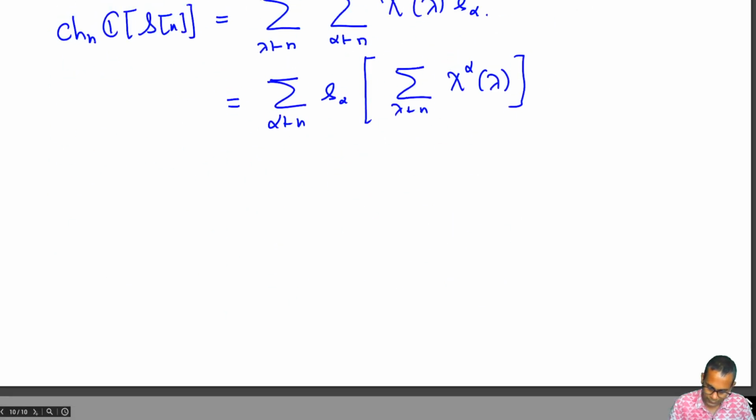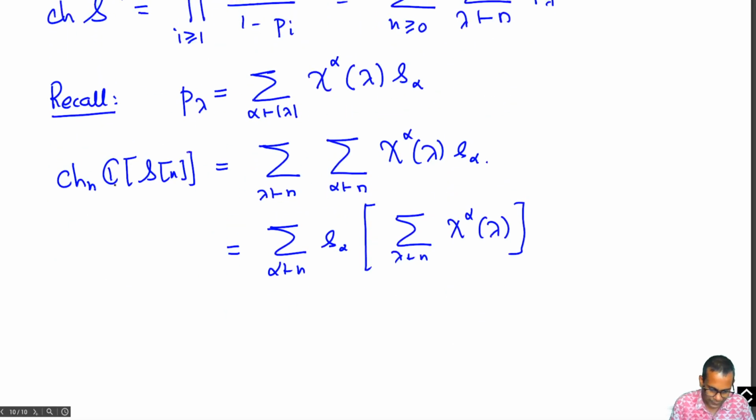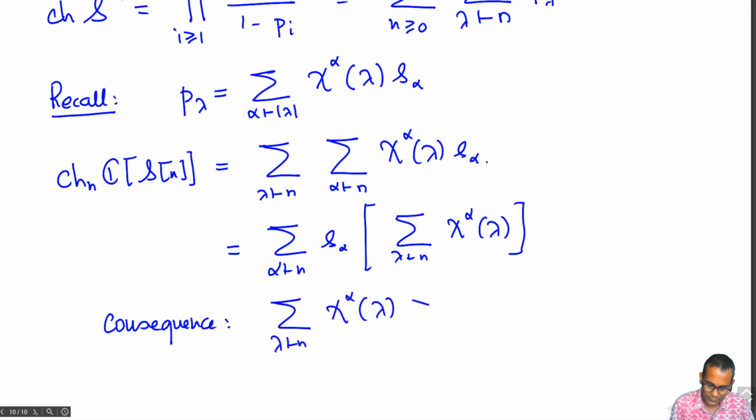As a consequence, since this is the Frobenius characteristic of a true representation of S_n, each irreducible representation of S_n occurs in this with non-negative multiplicity. So as a consequence, we have the summation over lambda of n of chi^alpha(lambda) is greater than or equal to 0 for every partition alpha of n, which is saying that the sum of every row of the character table of S_n is non-negative.